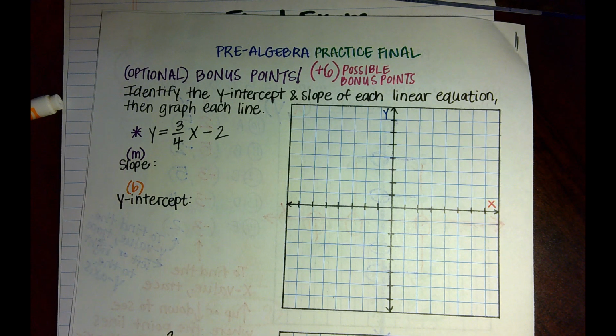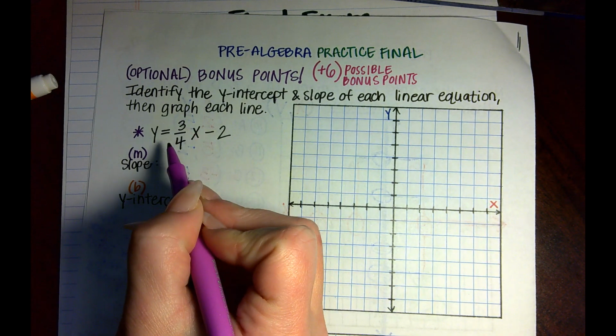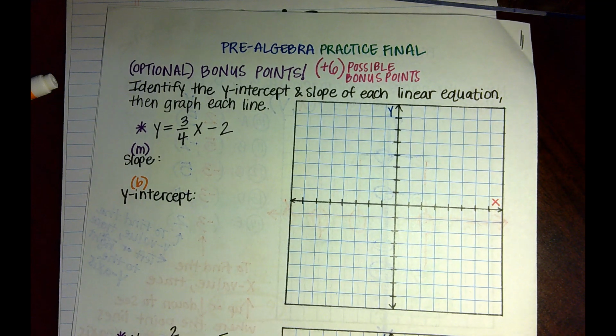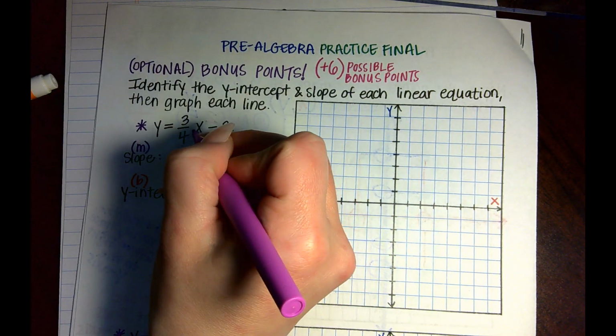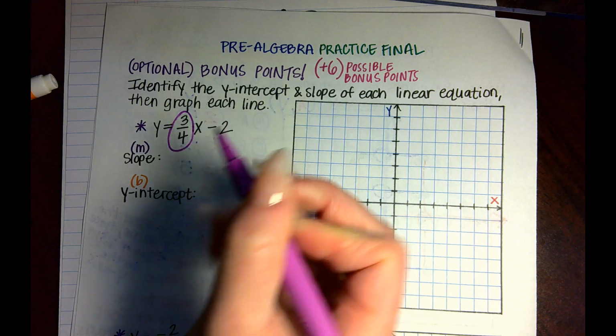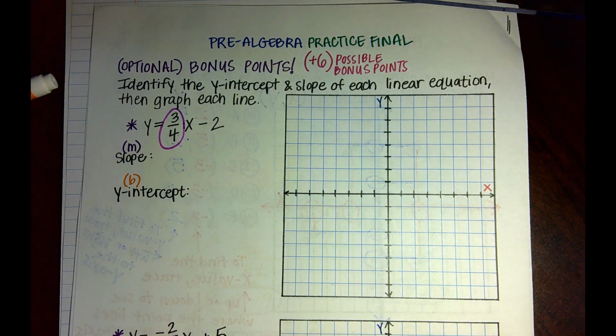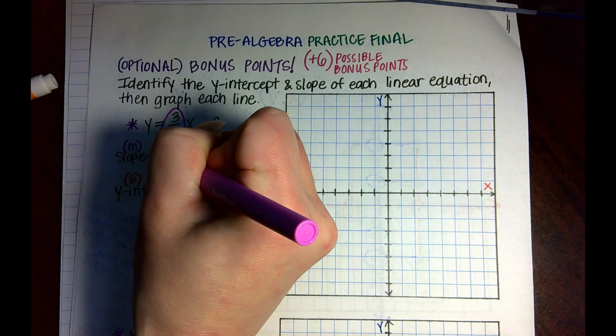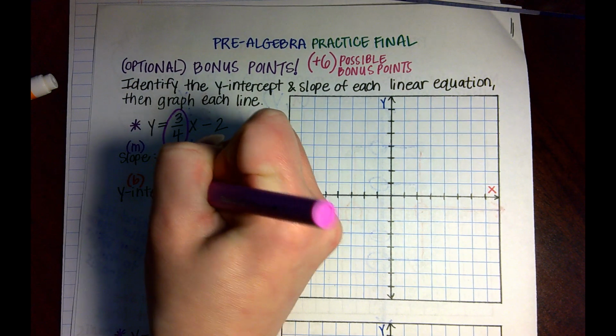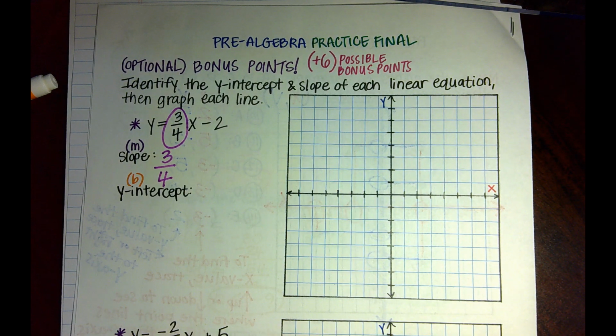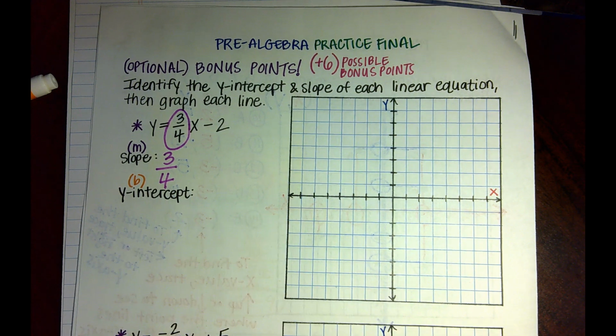For the first problem, I'm going to look at the number next to x. In this case, it's a fraction, which is fine. 3/4 is the number next to x. So what is my slope? 3/4, that's my slope. And what is my y-intercept?